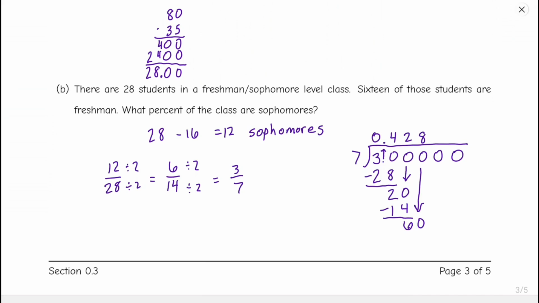Yes, 8 times. 8 times 7 is 56. Subtract, 4. Now this will go forever, but this is close enough for this example. So this is approximately equal to 0.428. And then I move the decimal over 2. So that's equal to 42.8% of the class are sophomores, approximately.